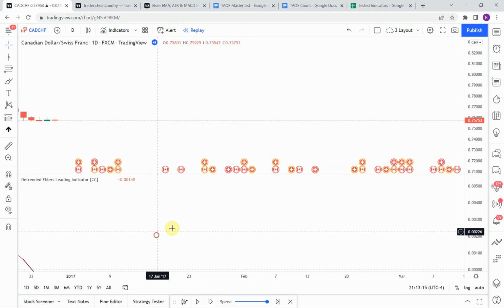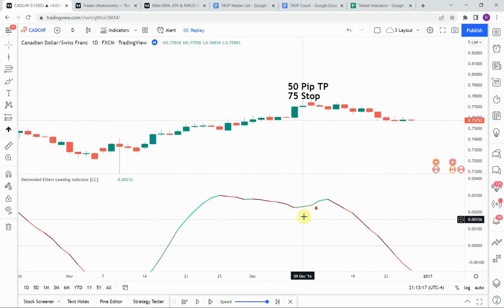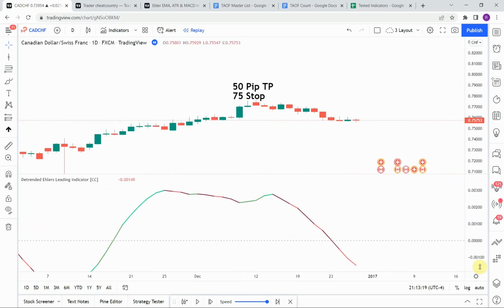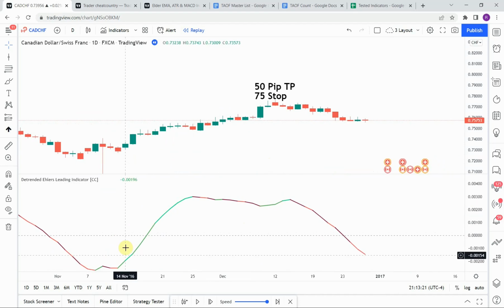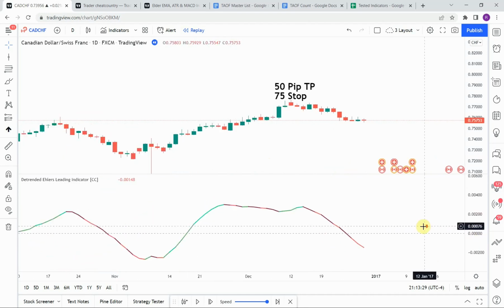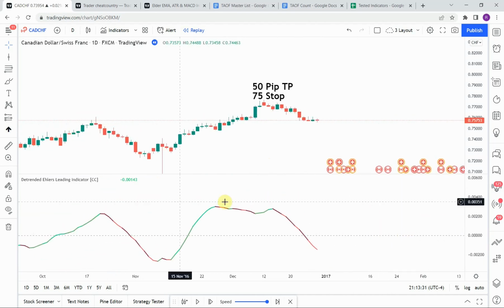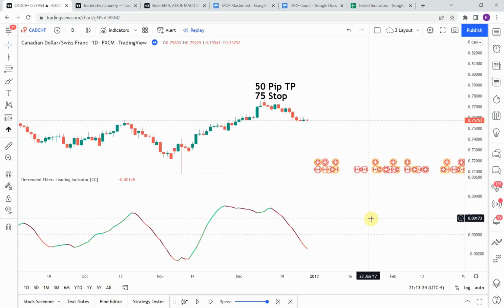Let's see if I can zoom in. You can see those shifts that it goes through here, from a dark green to a light green to a dark purple-ish color, and red, and so on.